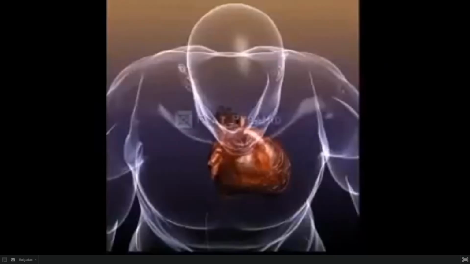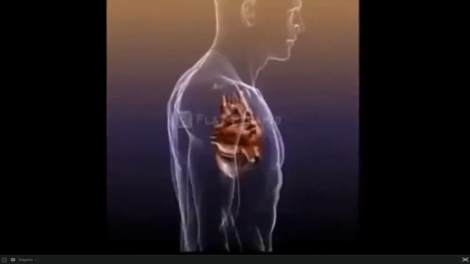Actually it is not placed exactly in the middle of the chest, but in the left part of the chest, and it is not in a static position. The heart is moving all the time, and its movement in each beat is about 2 centimeters.